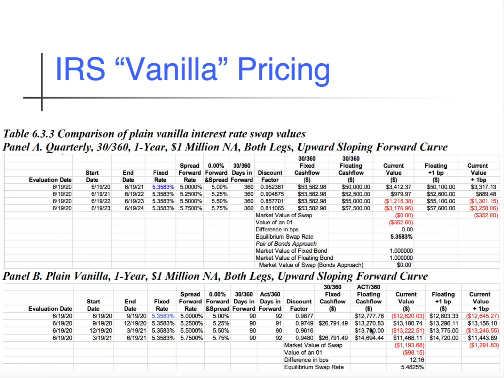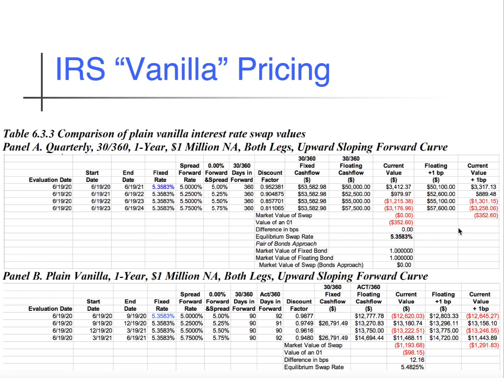swaps are priced. The second thing to notice is that for a 1-year quarterly reset swap, the value of an O1 is different. These are annual reset swaps. So this is a 4-year annual reset swap, and a 1 basis point move would be $100 per year, and the present value of that would be $352.